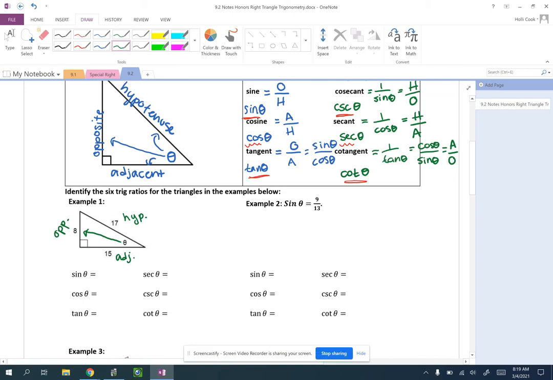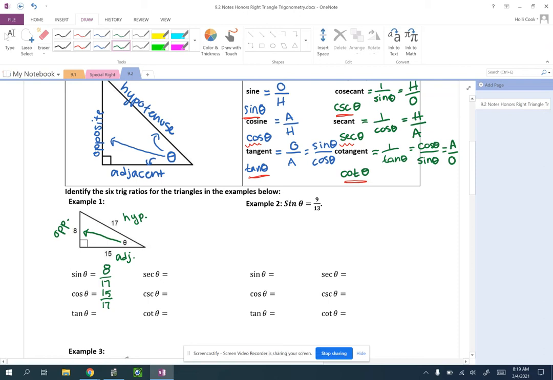Okay, so for our sine value, we're going to do opposite over hypotenuse. So our opposite is 8 over the hypotenuse, 17. Now for cosine, we have adjacent over hypotenuse, and our adjacent is 15 over hypotenuse, 17.